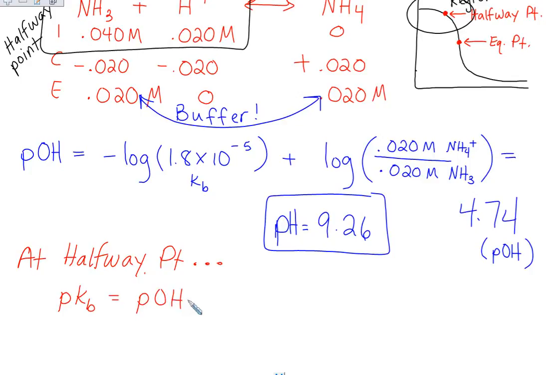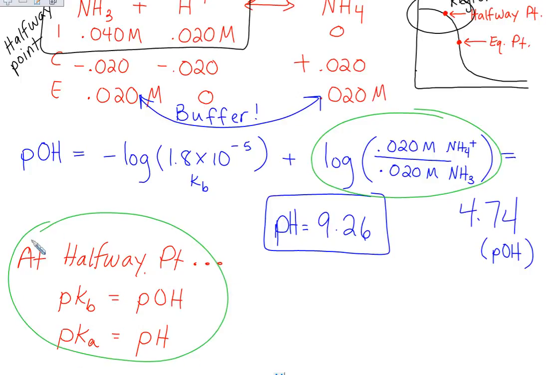Or if it was an acidic solution, the opposite log of the Ka is the pH. If you're at the halfway point and you do your ice table, you're always going to have equal amounts of base and conjugate acid, or acid and conjugate base. So this ratio here is always going to end up being the log of 1. So if you are at the halfway point, this will always hold true.